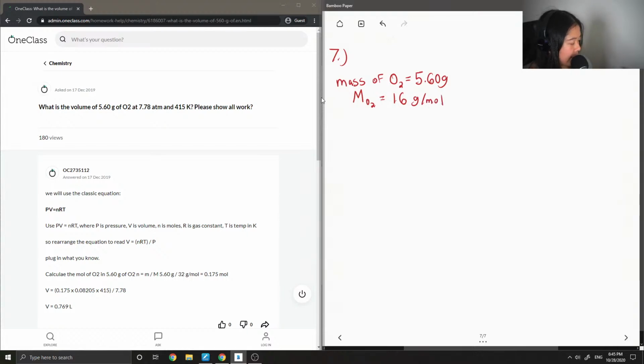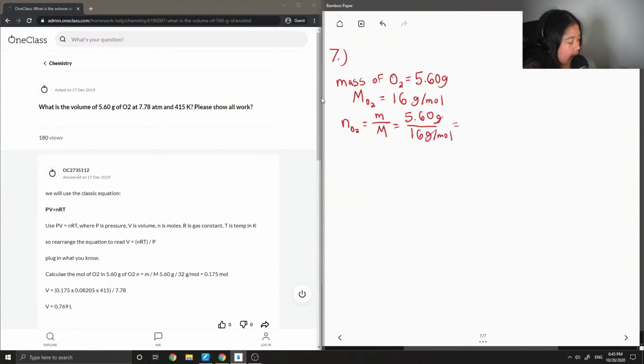And it's always good practice to just calculate the number of moles from there so that everything is in order. So to calculate the number of moles, it's going to be the mass over the molar mass. So plugging those values in, 5.6 divided by 16 grams per mole.